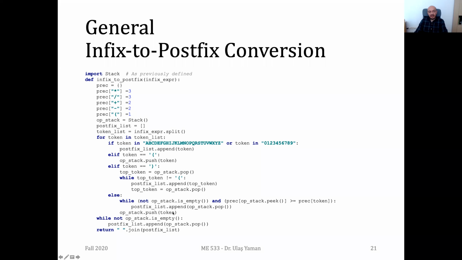If you are done with scanning, but you still have some operators left in your stack, then you can simply do popping operations as many times as the number of operators you have in the stack, and then conclude with the function. At the end of all these operations, you will be done with the conversion. Your initial infix expression will be converted into a postfix expression or notation.